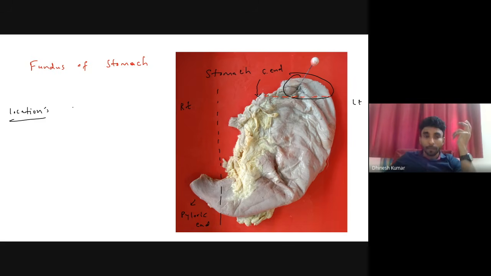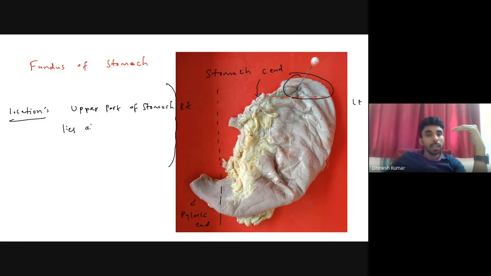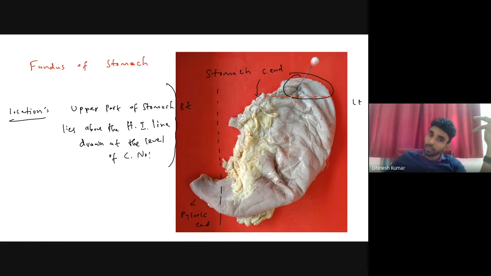It is the upper part of stomach, which lies above the horizontal imaginary line drawn at the level of the cardiac notch or cardiac orifice. Another point you can say about the location is it is located just below what? The left dome of diaphragm. It is located just below the left dome of diaphragm.